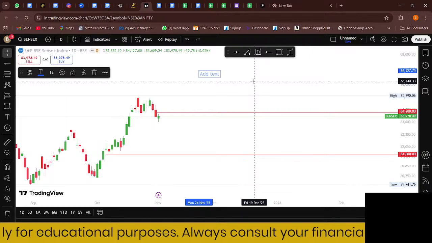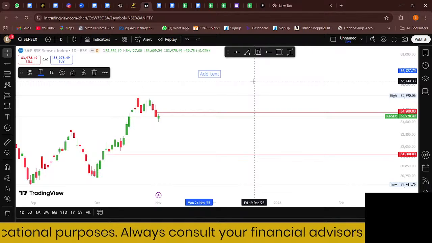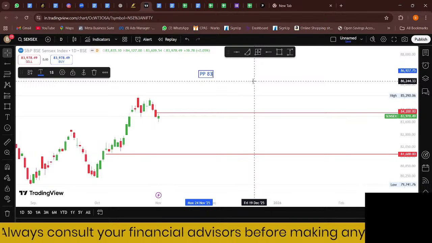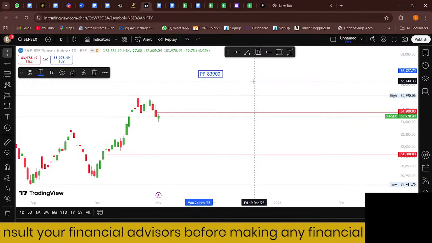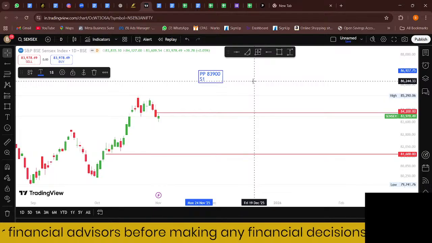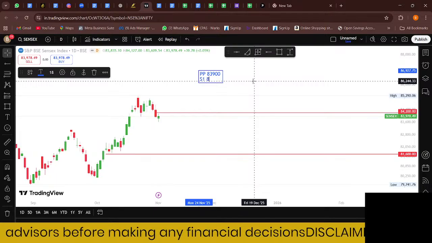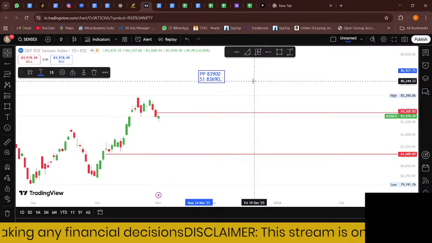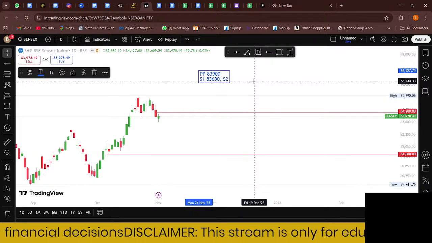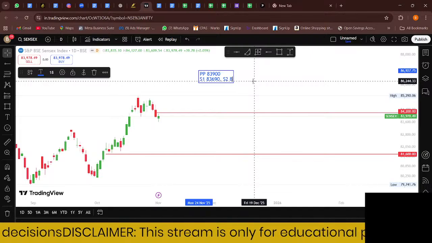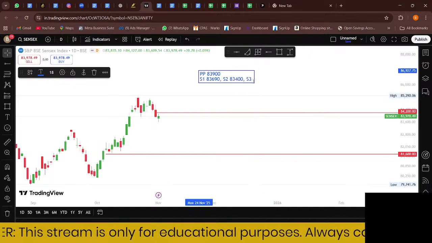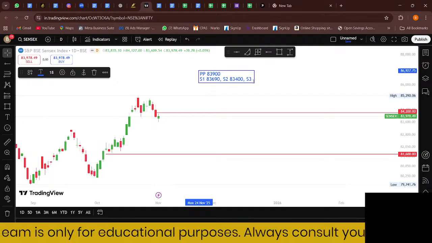So I'll mark today's PP for Sensex. 83,900 will be the PP, and support one will be at 83,690, and support two will be at 83,400, and support three will be at 83,200.